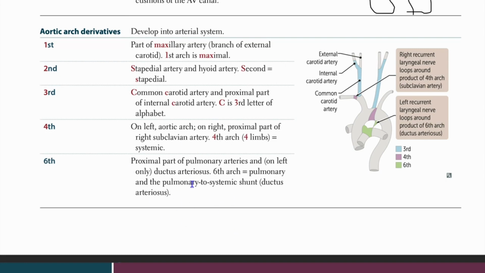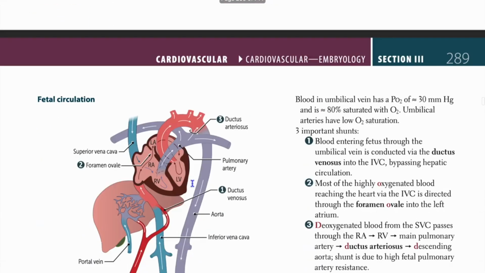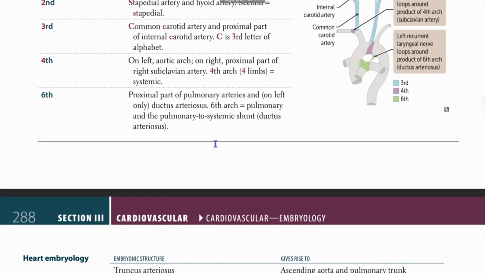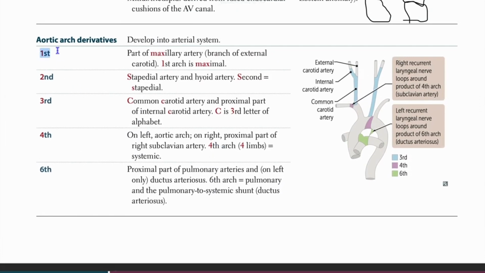So why does this exist? Right? Maybe they tell us here. But yeah, they'll tell us over here, so we'll do it there. Okay, so again, revision. First is the maxillary artery. Second is the stapedial artery. Third is the common carotid artery.